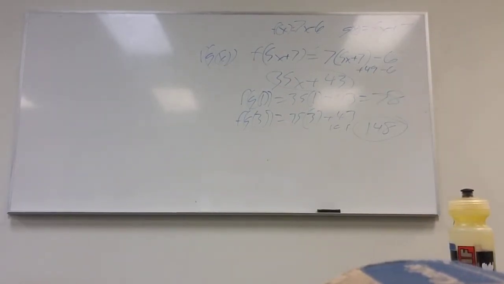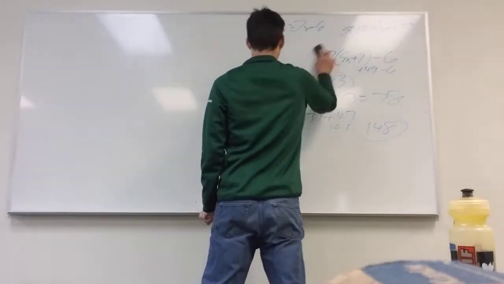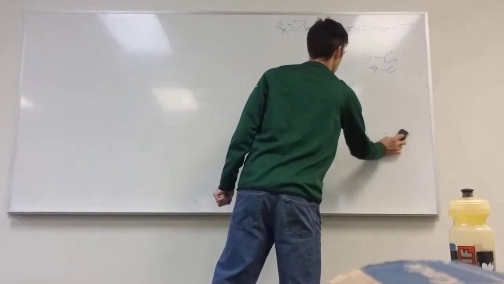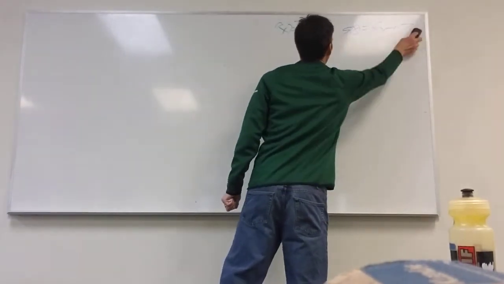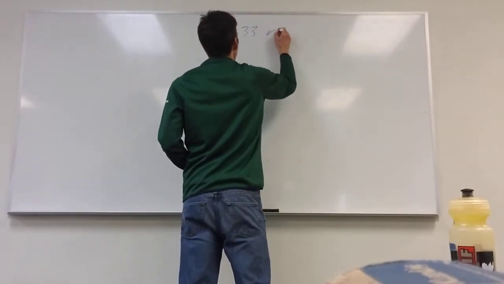Write the standard equation of a circle with center 3, 3, radius 9. So remember circles. I'm just going to go through here really quick. Center 3, 3, r equals 9.